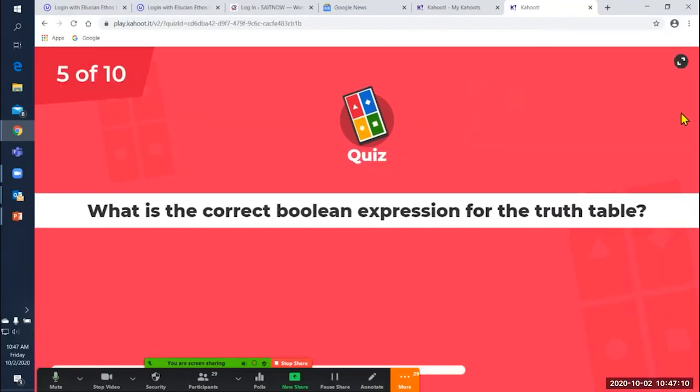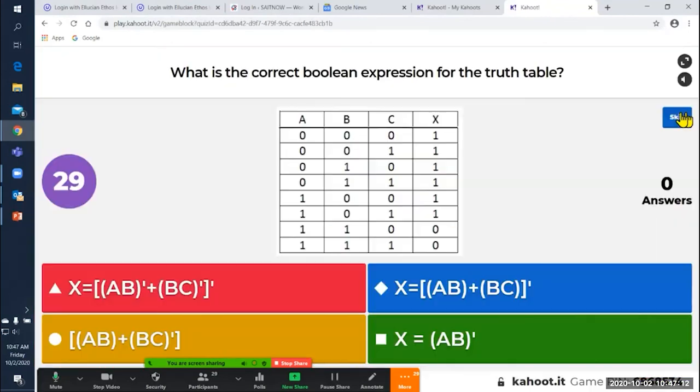What is the correct Boolean expression for this truth table? Okay, looking at the truth table, what's the correct Boolean expression?